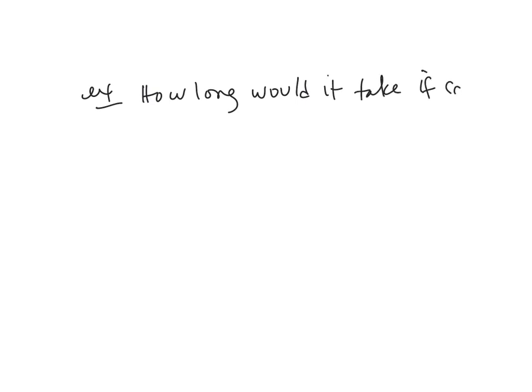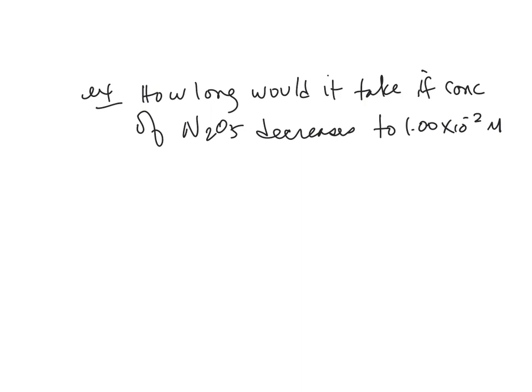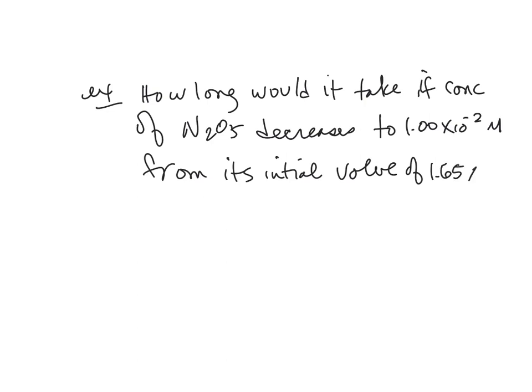And the first example will be how long would it take if the concentration of N2O5 decreases to 1 times 10 to the minus 2 molar from its initial value of 1.65 times 10 to the minus 2 molar, question mark right there.